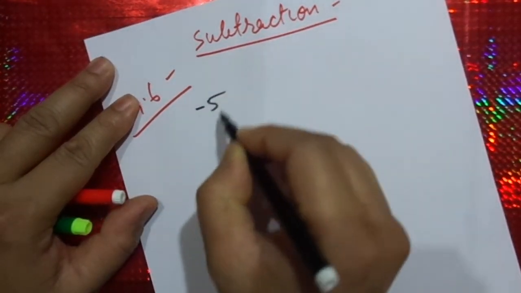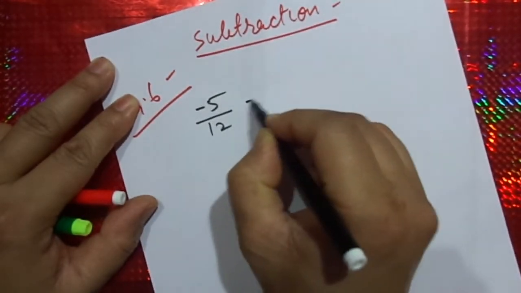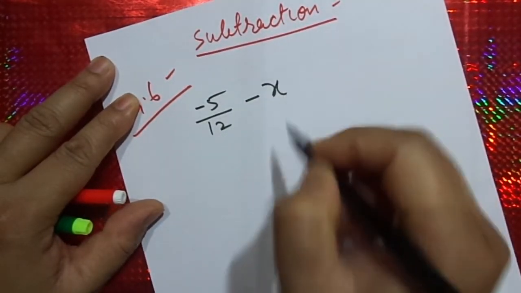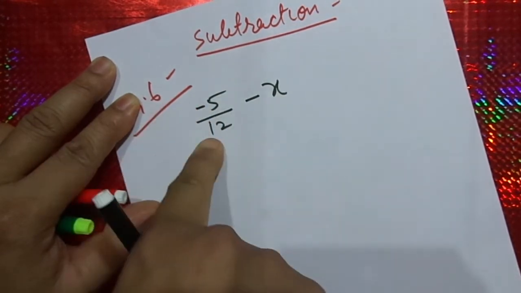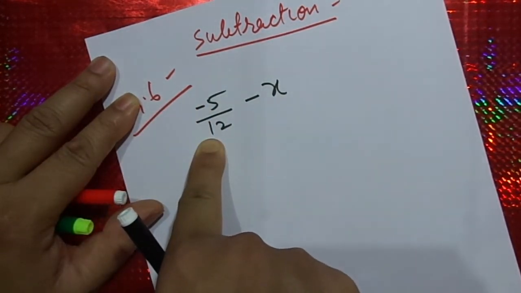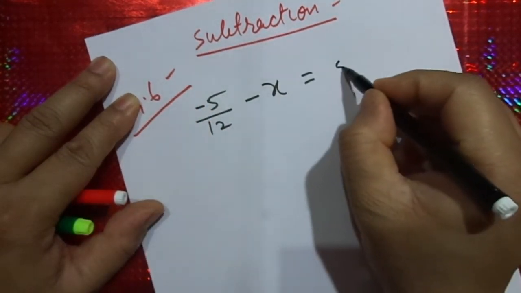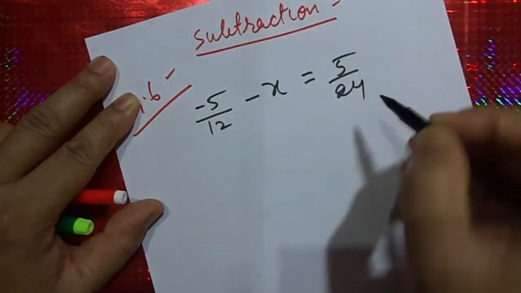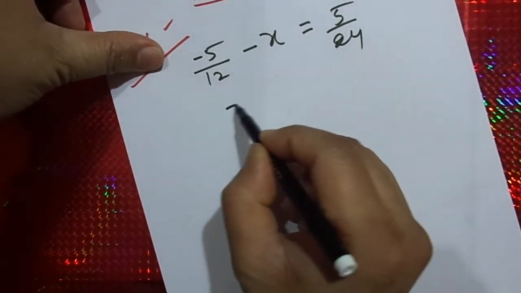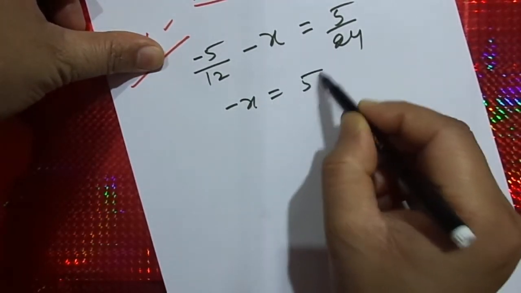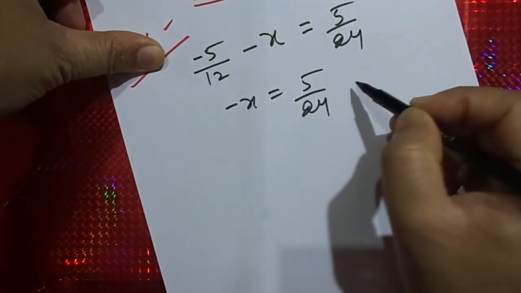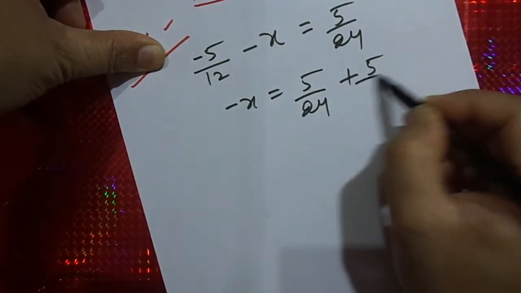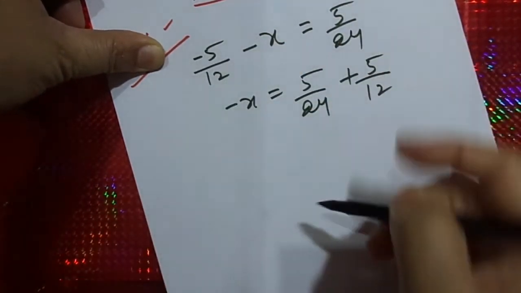So minus 5 by 12, again the same thing. What number should be subtracted from minus 5 by 12 to get 5 by 24? Come on, let me solve it. So minus x will be equal to 5 by 24 plus 5 by 12. This will go that side.